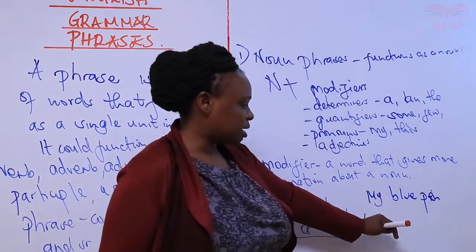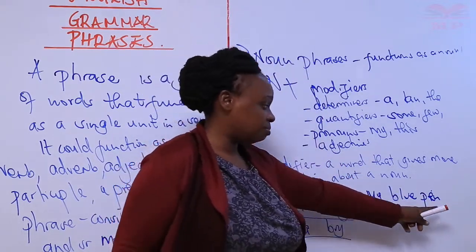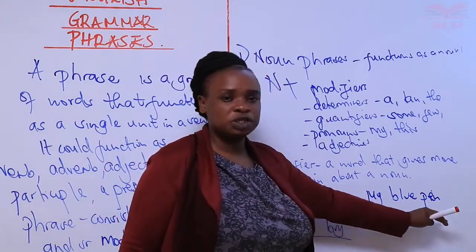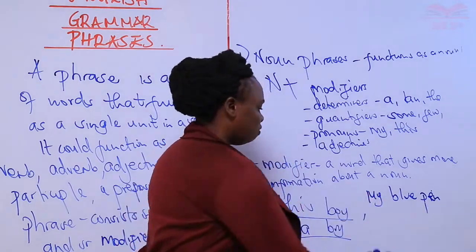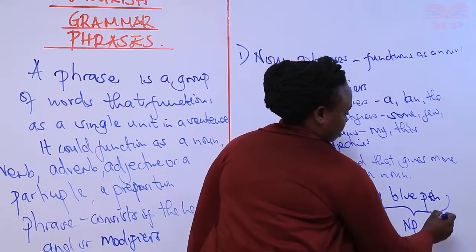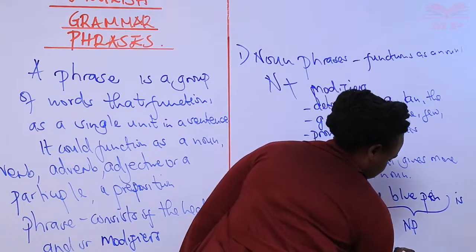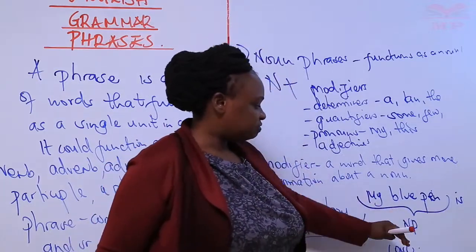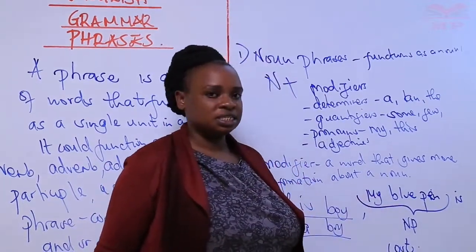Already you have this, my, blue are modifiers. They make up the noun phrase. They must work with the noun because they give us more information about the noun. So all of them, they are called what? This is a noun phrase. So my blue pen is lost. So in the sentence, my blue pen is functioning as a noun in the sentence.